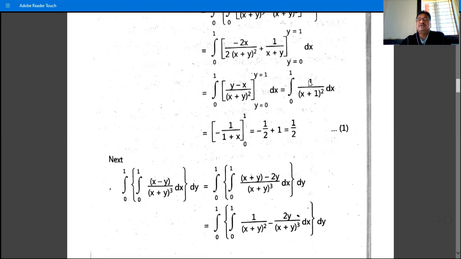So the calculation is this: 1 by (x+1) bracket square.